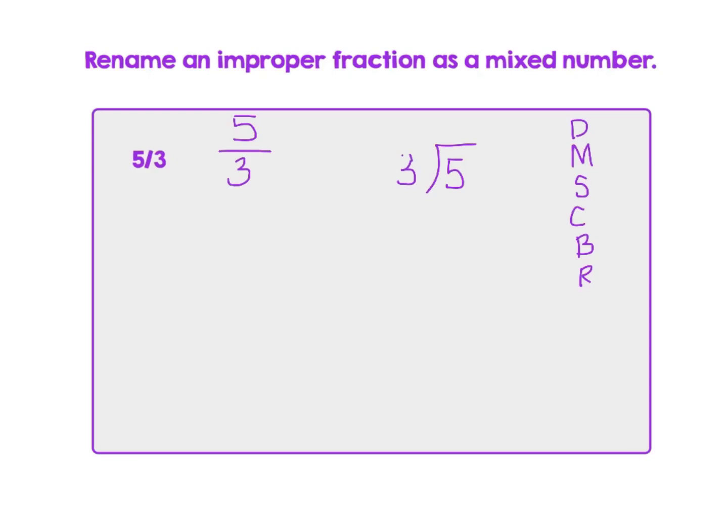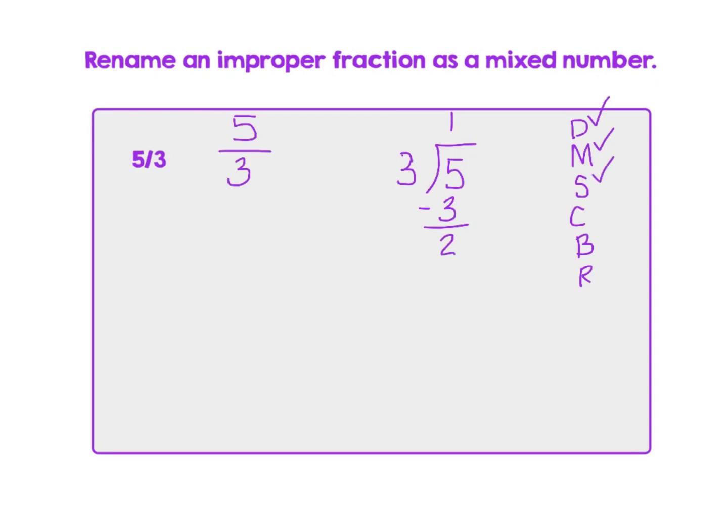I'm going to fix that there so it's nice and neat. There we go. And now I can go through my steps. I need to determine 3 times what gets me close to 5 without going over. 3 times 1 will get me close to 5. So 3 times 1 is 3. Now I subtract. 5 minus 3 is 2.